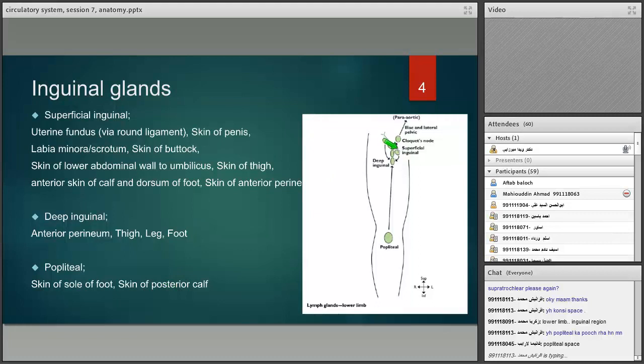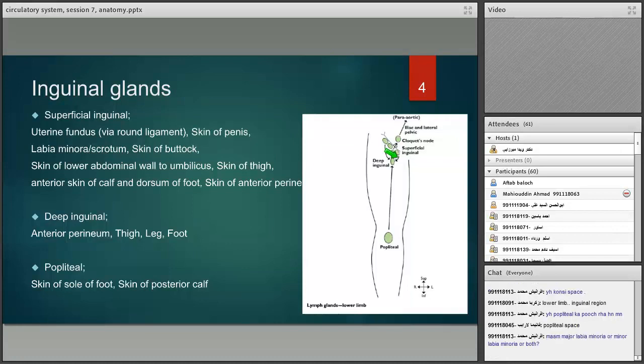After that, what will happen for these inguinal glands? Both. They both will drain their lymph into the superficial inguinal glands.